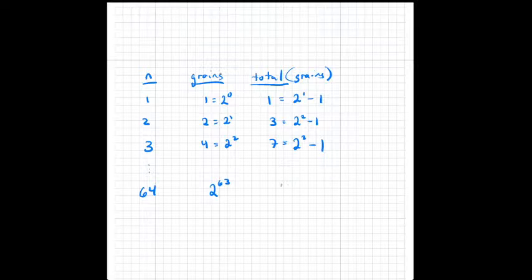So the number of grains on each tile is going to be 2 to the power of n minus 1. And then the total number of grains at any given point is going to be 2 to the power of n minus 1, where that minus 1 is outside the exponent. All right, hopefully this is okay.